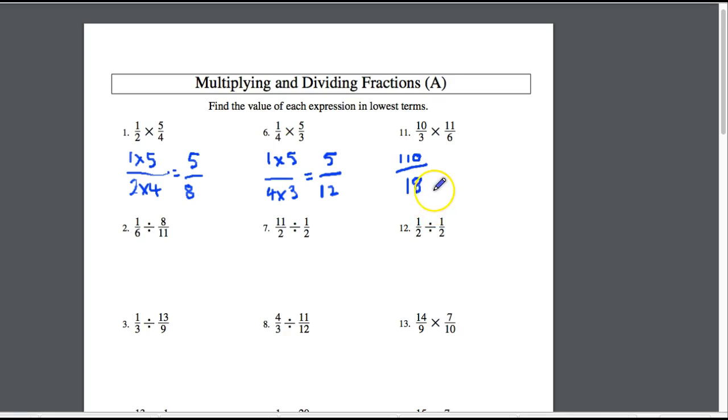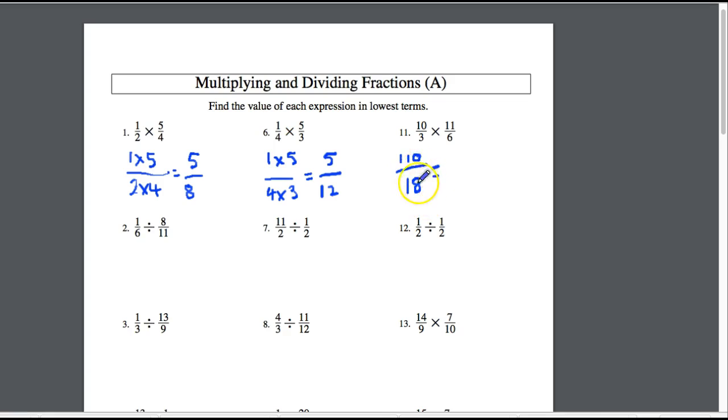Now we're actually working with an improper fraction here. Okay, so that means that the numerator is bigger than the denominator, but also we have to simplify it. Okay, so we have to simplify it before we turn it into a mixed number.